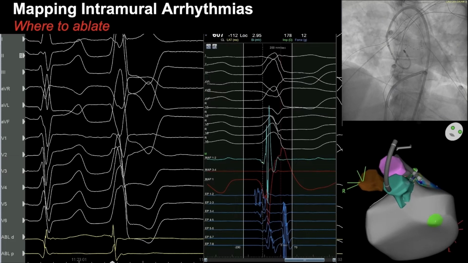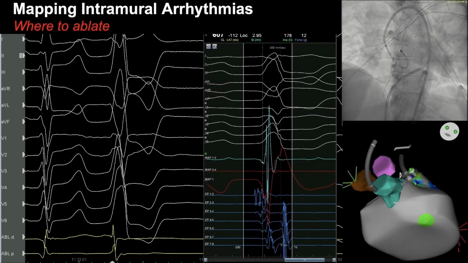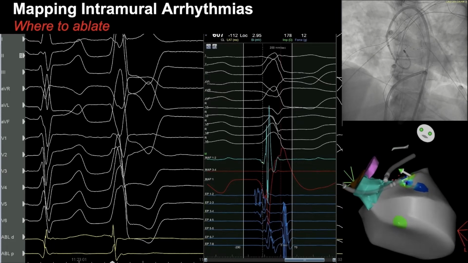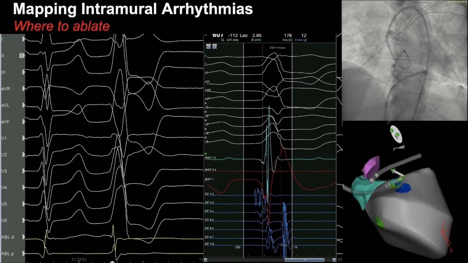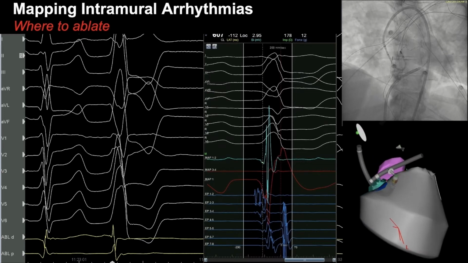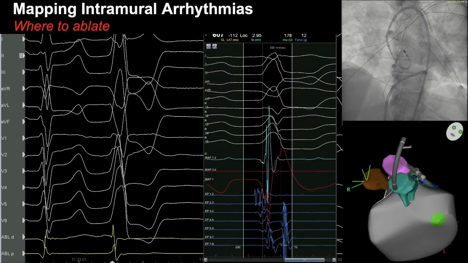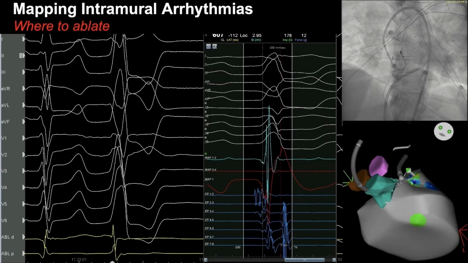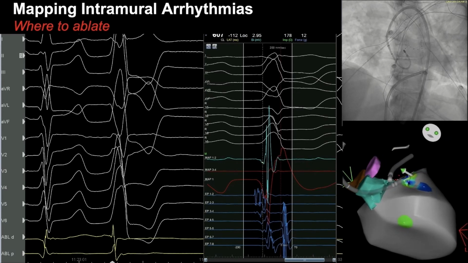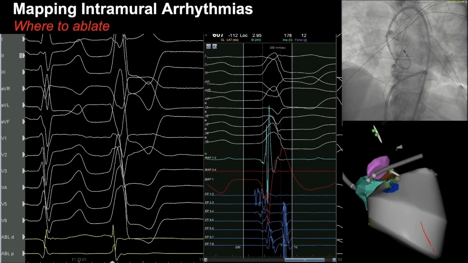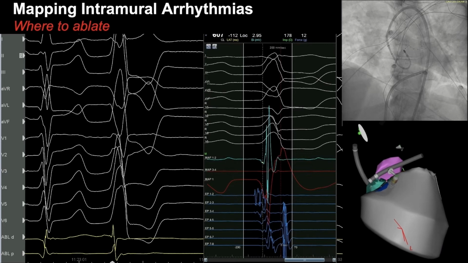So where do you ablate? Well, if you know that your early activation is intramural, then just based on fluoroscopy and 3D mapping, you can place your ablation catheter opposite to the area where that other catheter is. In this case, the ablation catheter is in a retrograde fashion opposite to Epistar 1-2, and you can see the endocardial signals are late because the endo is protected by a layer of tissue from the intramural space.